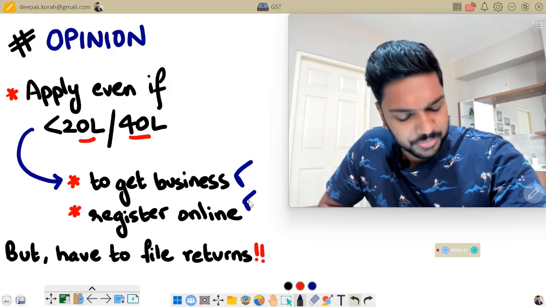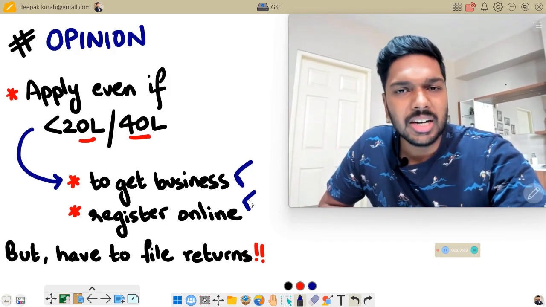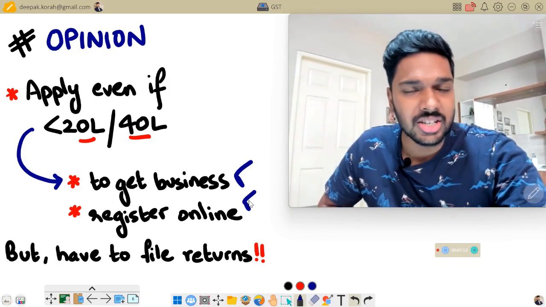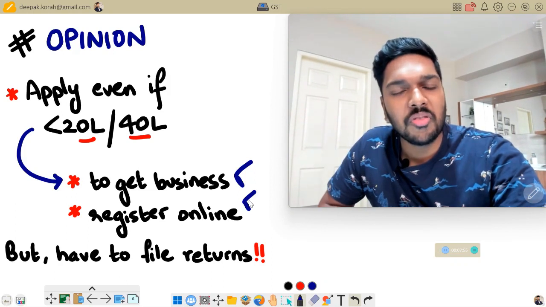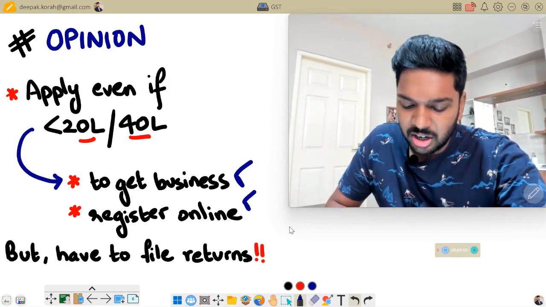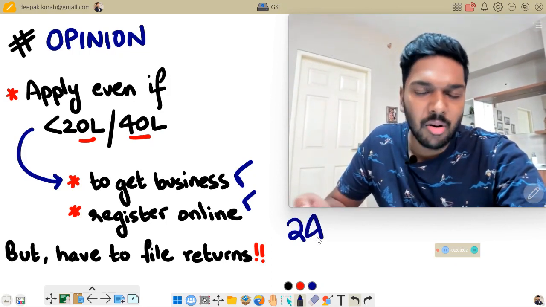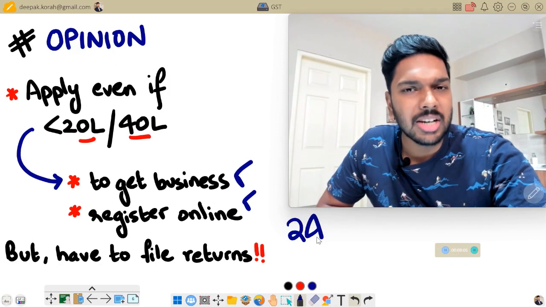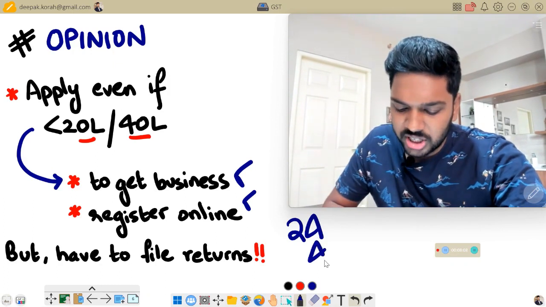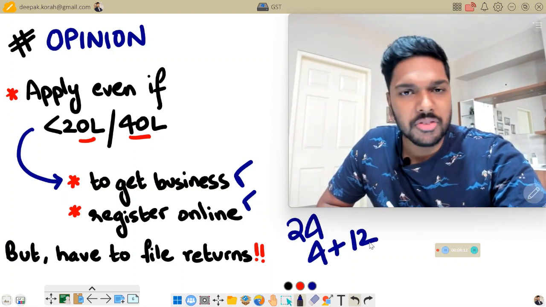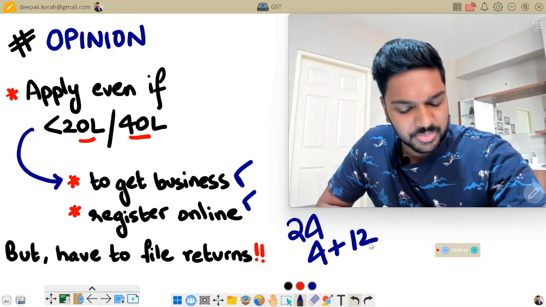But the downside of getting a voluntary GST registration, or in general a GST registration, is that you need to file multiple returns. If you're a monthly filer, you need to file close to 24 returns plus an annual return and all that. If you're a quarterly return filer below a certain threshold limit, then you need to file 4 GST returns but make payments for all 12 months of GST through online challans.